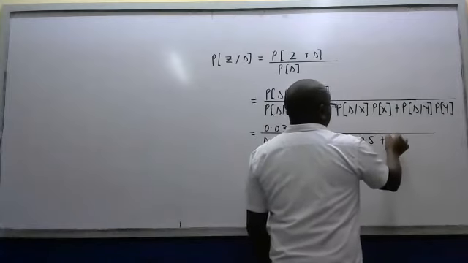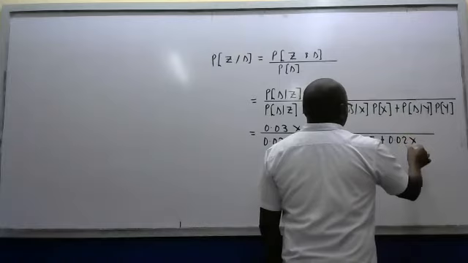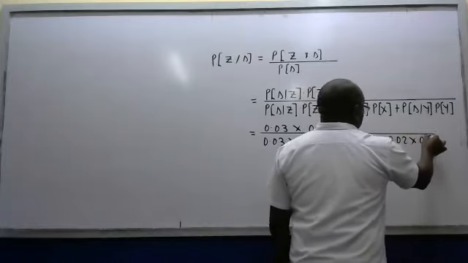Y getting a defect is 0.02 and 0.3 there.